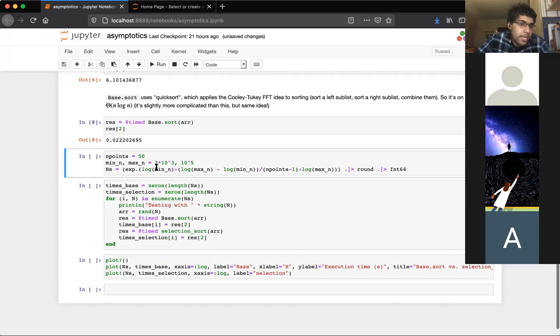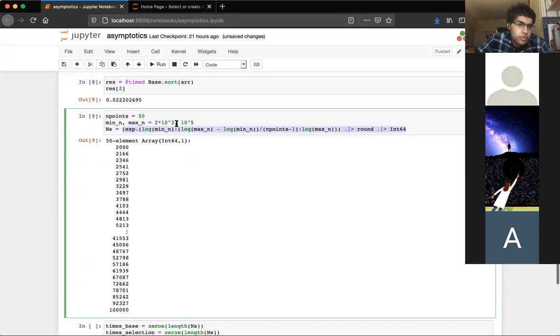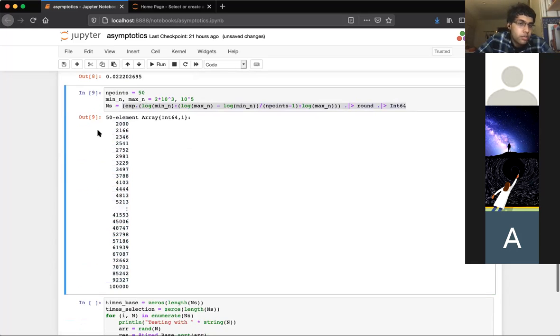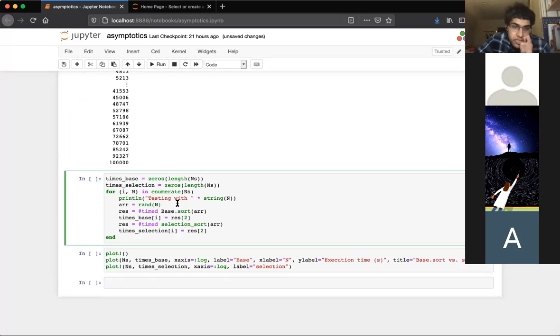Let's even try and plot this and see if these are the curves you get. So over here, I've got something to just make a range of n's to go over. Don't worry about what this does. It's basically just picking uniform spacing in log space. So going from 2,000 to 100,000, I've picked 50 numbers. And I've got this loop over here that's going to go over each of these numbers. It's going to generate an array of that length.